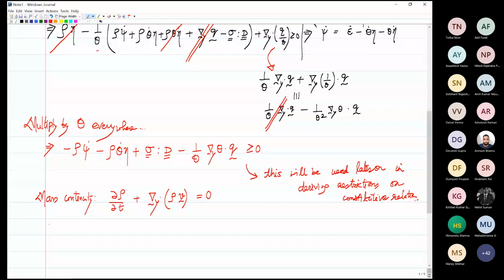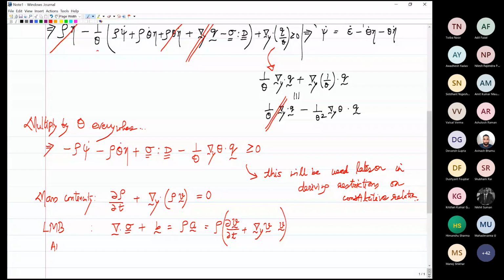Then we have LMB, which is divergence of sigma plus body force is equal to rho times acceleration, which you can also write as rho times del v del t plus Eulerian gradient of velocity times velocity. Then you have AMB, which simply says sigma equals sigma transpose.